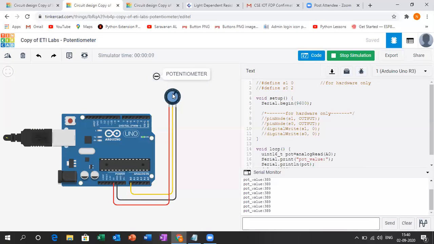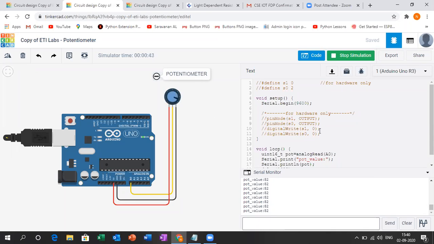As I click on this potentiometer and turn it anti-clockwise, the value of pot is increasing. And as I move this slider, or rotor, to clockwise, its value is decreasing. So that's the basic working of potentiometer, to change the resistance as I rotate this slider.